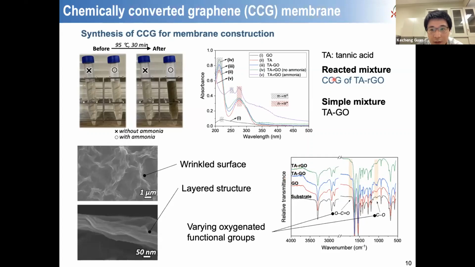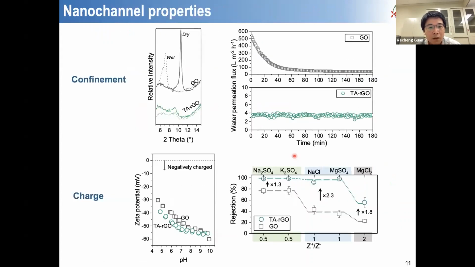But for the reacted mixture, CCG, which is labeled as TARGO here, the intensity was decreased, which also evidenced the successful reaction. And we studied the nanochannel properties by comparing with the original graphene oxide membrane.